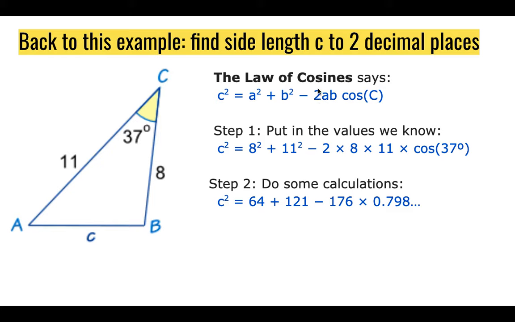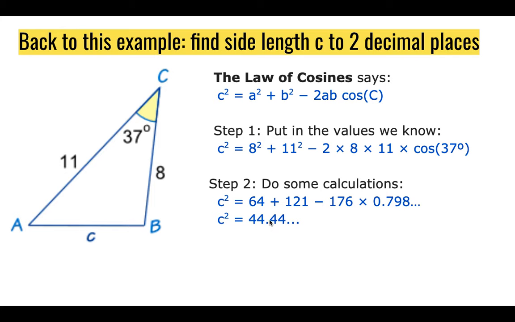So you can think of that as your negative 2ab. Don't forget about that negative in front. Okay, so negative 2 times 8 times 11 gives us negative 176. And then I do my cosine 37 separately, which is 0.798. And then once I have that, I can multiply these two numbers together and add all of these together.